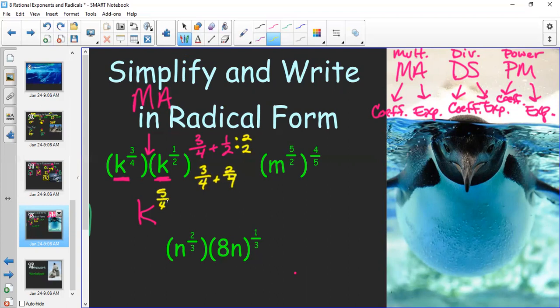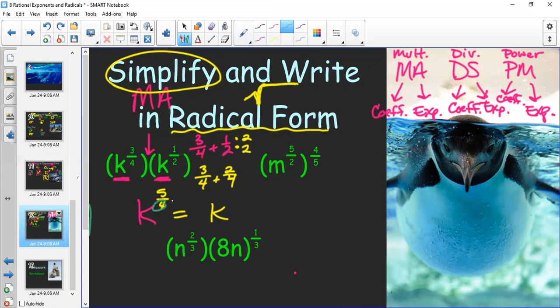Okay. Now it said to simplify, which we did. Now it says to write in radical form. Okay, so let's take this a little bit further. Radical again means I need that radical symbol or that root symbol. So I have k as my base, and my denominator is the index of my root, and my numerator is my exponent.